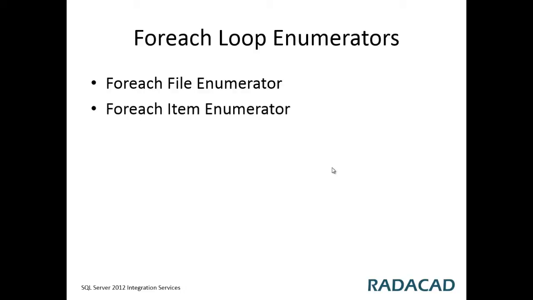Then the item enumerator, which provides the ability to loop through a predefined data set in the Foreach Loop. And then the ADO enumerator, which is for looping through an ADO data set loaded by, for example, a data flow destination, a specific kind of destination, or an Execute SQL Task full result set.